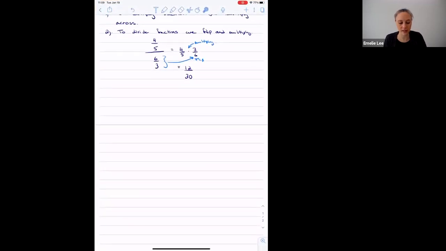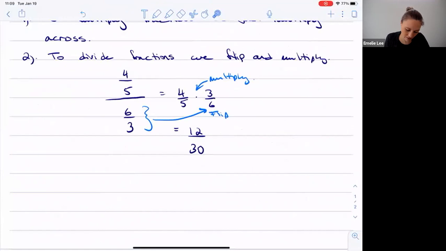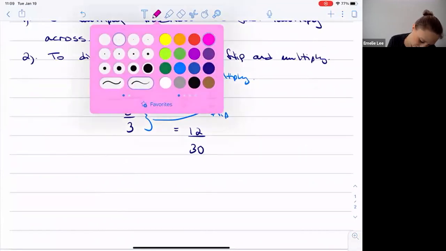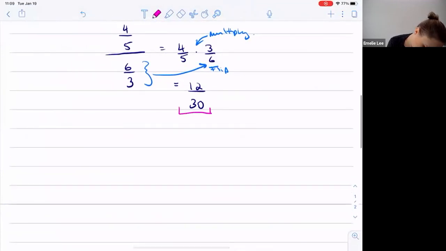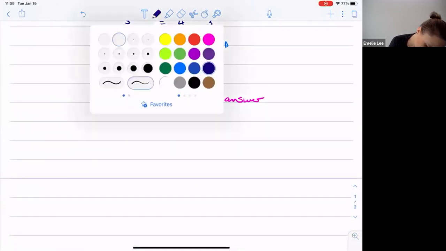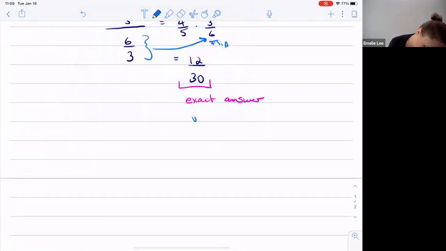Might be easier to think about 0.4. But here, what I'll make a note of, this is our exact answer, right? Versus 0.4 is the approximate answer.